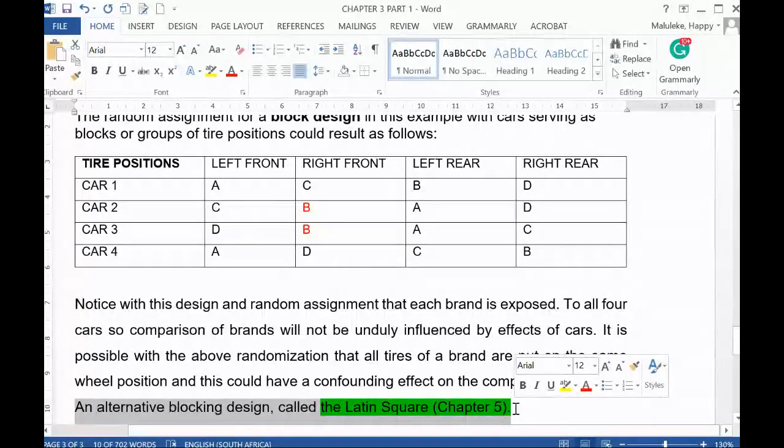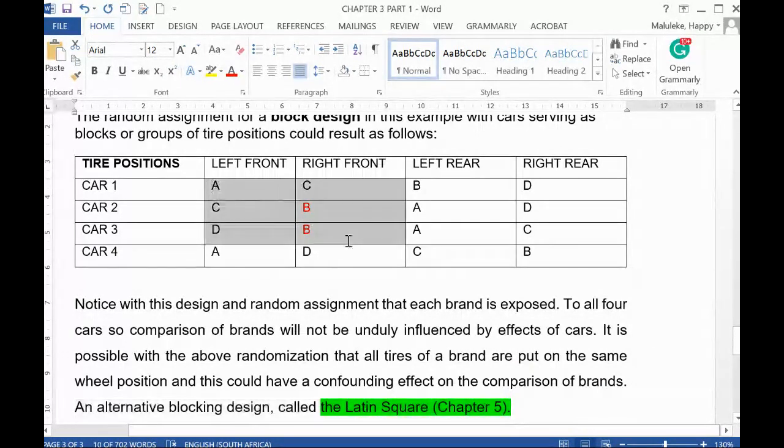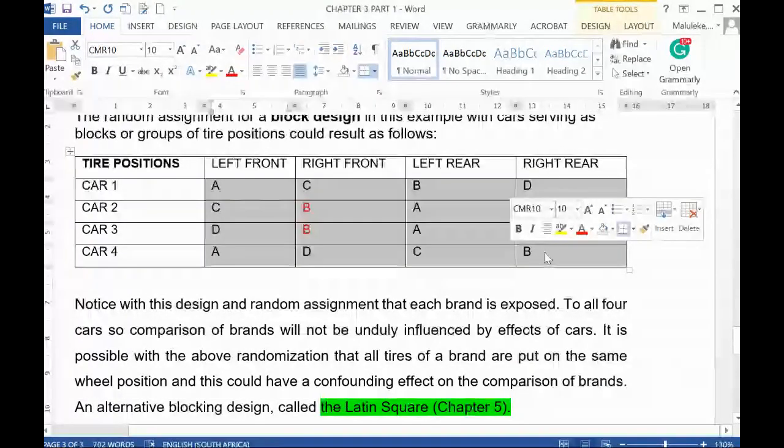So now we want to improve this. Continuing from this example, we want to assign these numbers. The numbers here represent the three, but I will explain when I get to chapter 5. We must arrange these numbers in such a way that they are exposed to all the sides of the car.